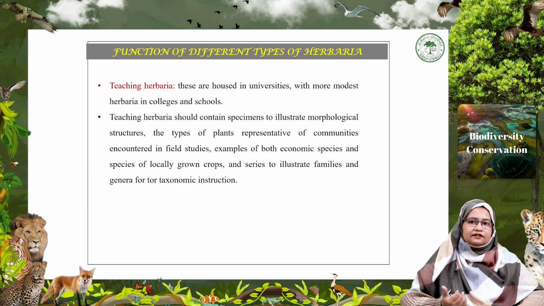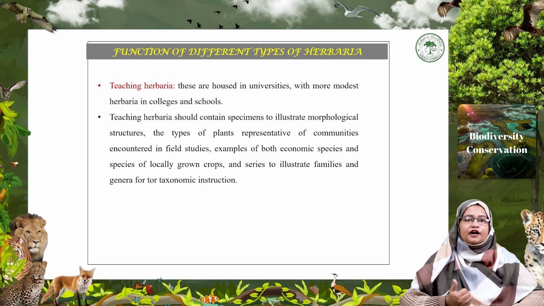And suppose this is the case for an endangered plant, or a plant that needs protection. Suppose we are studying the different types of families in the herbarium. As we know, different plants have different flowering seasons. Suppose a plant flowers in winter, but the course is running in the summer season.